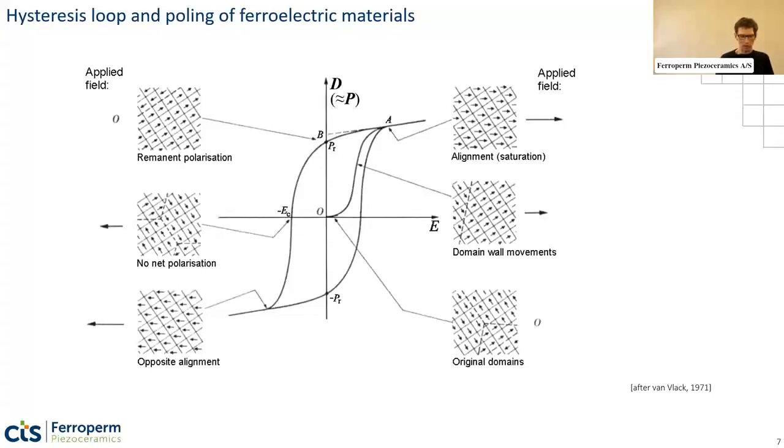So the unit for dielectric displacement, the D that you see here, is Coulomb per square meter. And the reason I say that it's almost equal to polarization is that if you look at the materials that we are working with, there's a very small difference between the two.